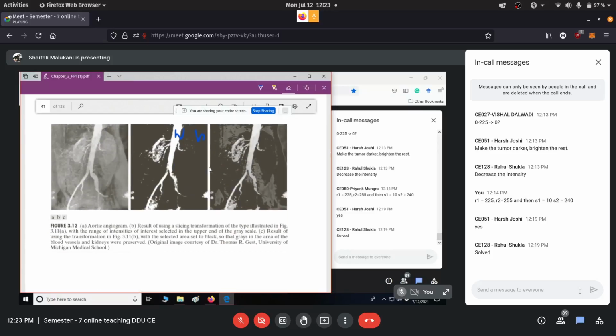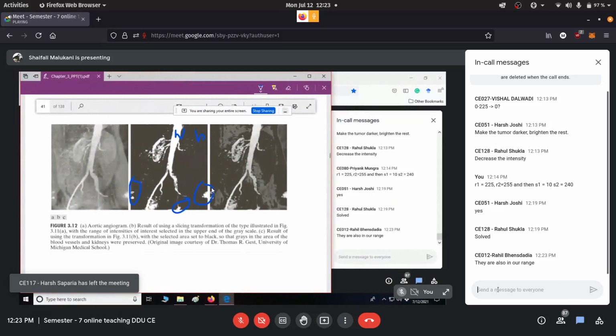So you may say, okay, but why are these values existing? This is not of my interest. Can anyone suggest the reason for this? Why are these there? Yes, they are also in your range.